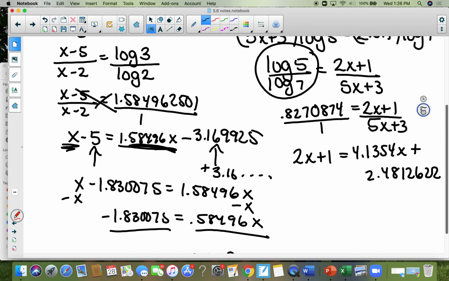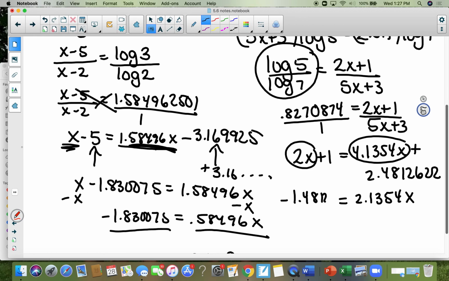I'm going to bring the 2x over to join this side. So if you have 4.1354 x's and you take away 2 of them, aren't you going to have 2.1354 x's? And if you have 1 minus 2.481262, aren't you going to have a negative 1.48126?